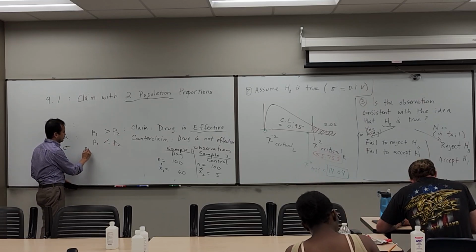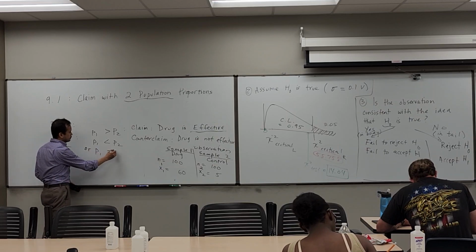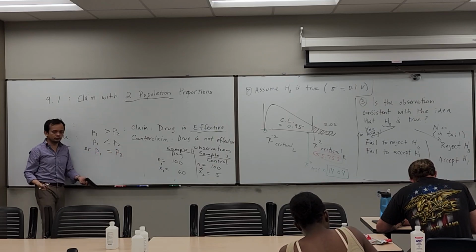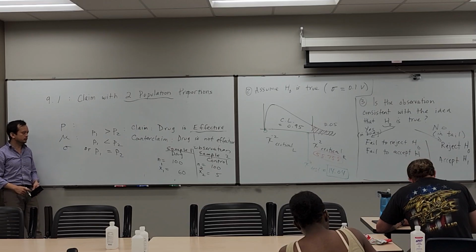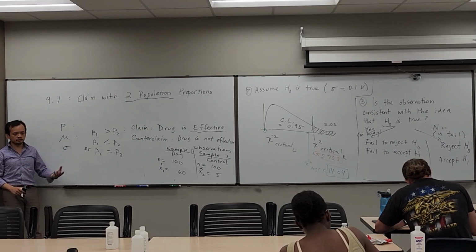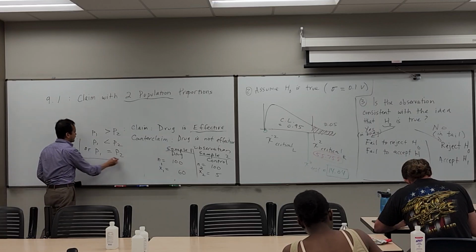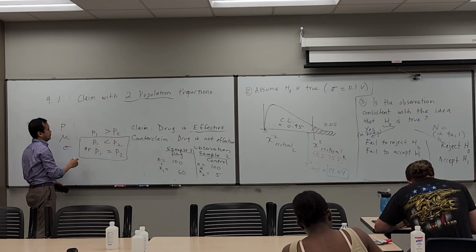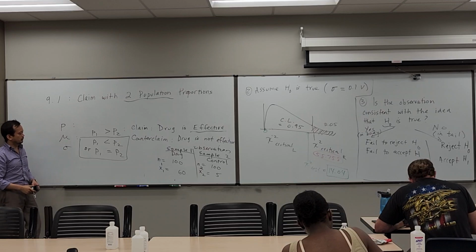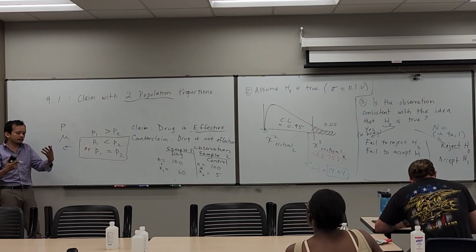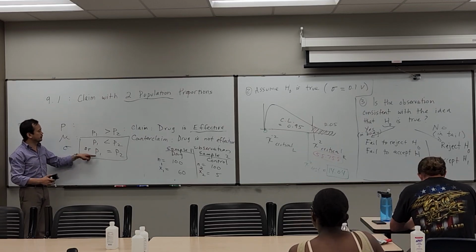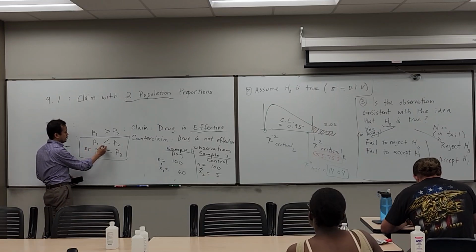Or if P1 ends up being equal to P2, then that also means the drug is not effective, because it's the same as doing nothing. So in the counterclaim, either one of these could be true, and we can simplify this as just saying P1 is less than or equal to P2.